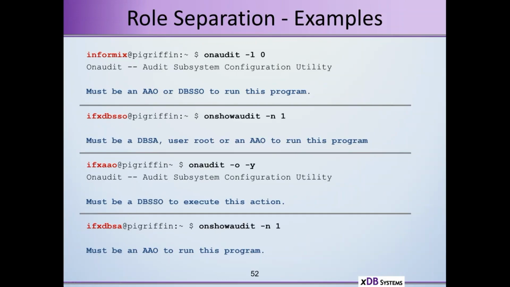And once you've got that enabled, if you try doing things under the wrong group, then Informix will prompt you and say, nope, you can't, this is trying to turn off auditing. You can't turn off auditing if you're the Informix user. You must be the AAO or DBSSO. And other restrictions with onshow audit, other options on audit, and so on, must only be run now by the specific users.